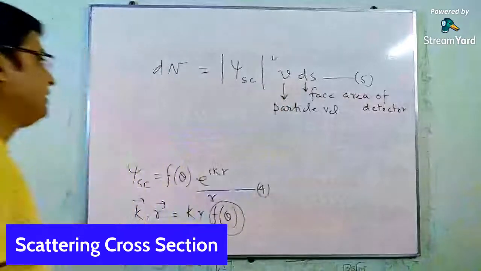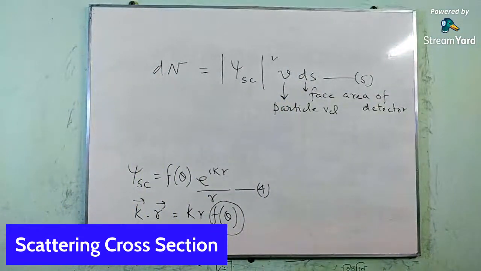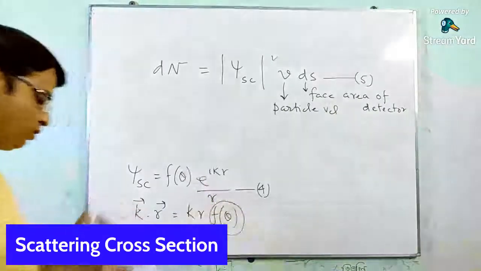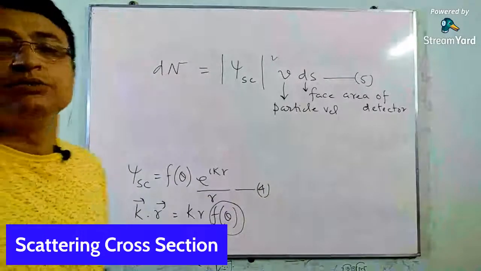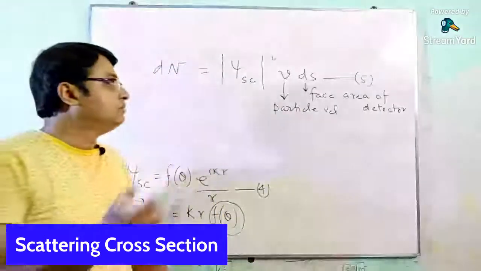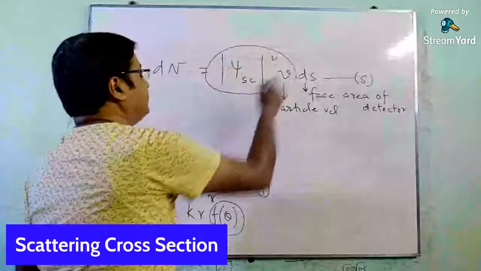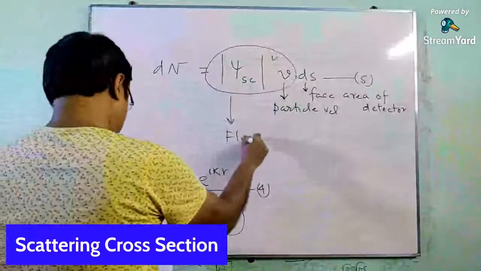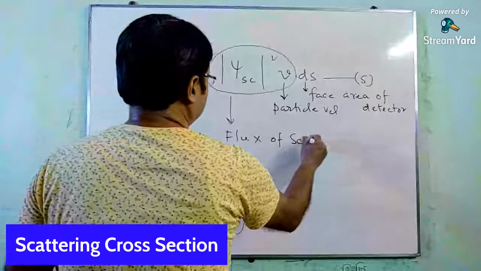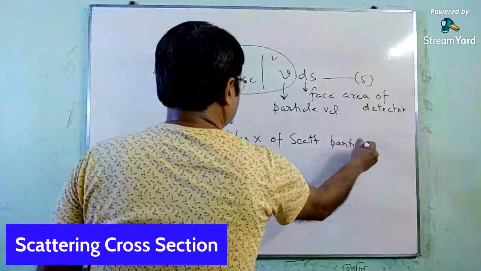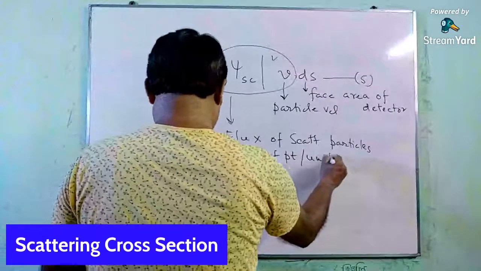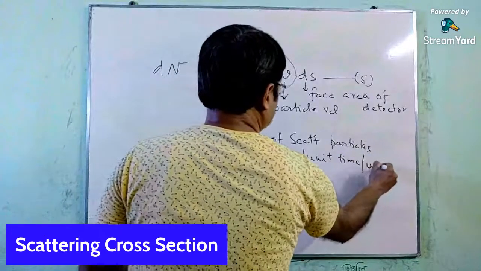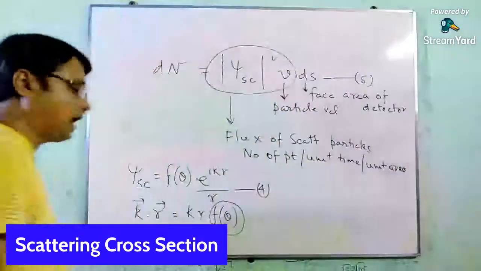Mod psi sc square into v actually represents the flux of the scattered particles, that is, the number of particles per unit time per unit area. So mod psi sc square into v is the flux of scattered particles.